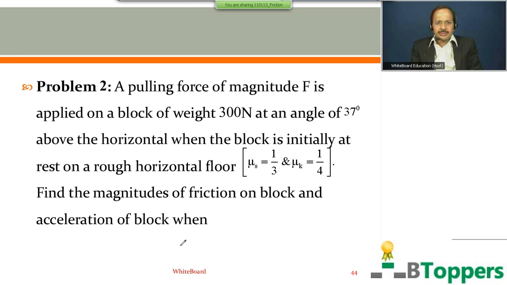Once I read out the problem: a pulling force of magnitude capital F is applied on a block of weight 300 newtons at an angle of 37 degrees above the horizontal, and the block is initially at rest on a rough horizontal floor.